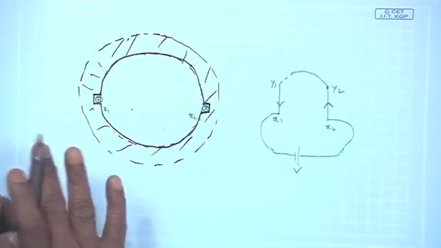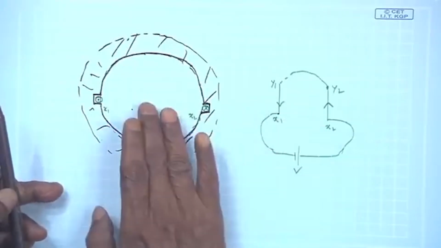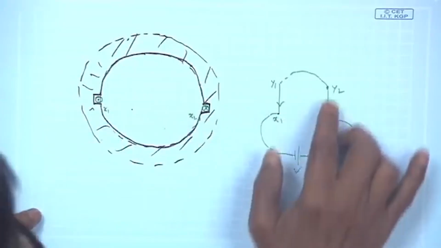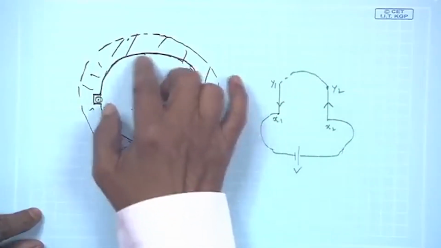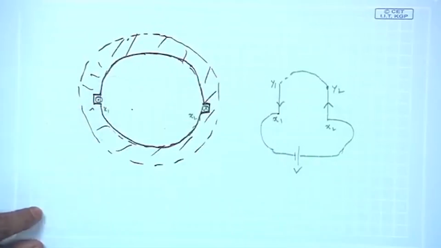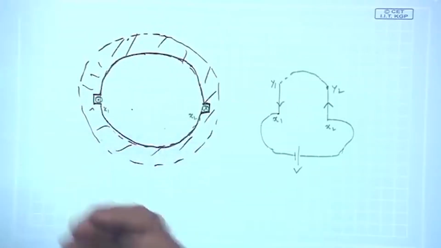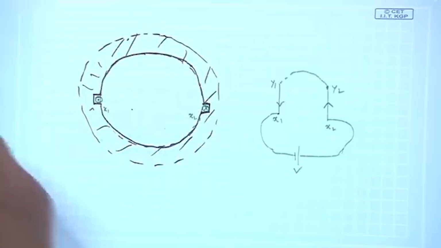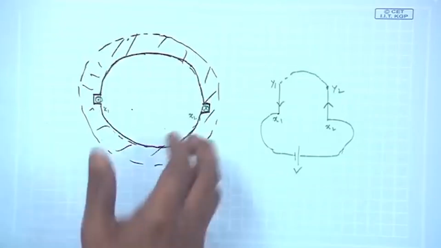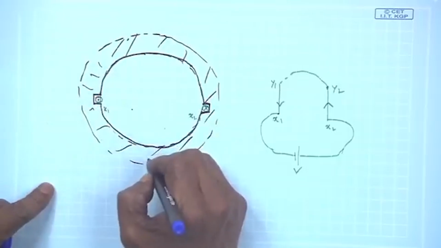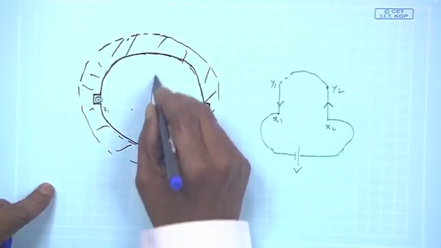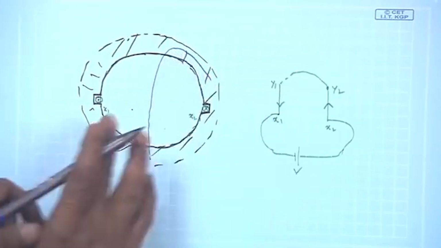You must have a clear idea of this thing and this thing. Current is flowing like this, so it will go. I have not drawn the rotor yet, just trying to understand how things go. Therefore, once it is done, the stator is carrying a current and it will produce a magnetic field, as you can see, like this here.